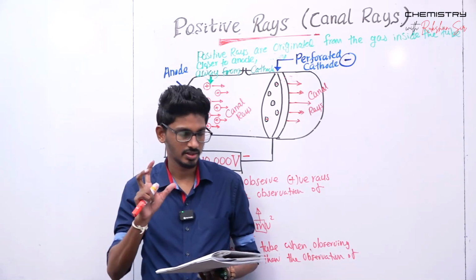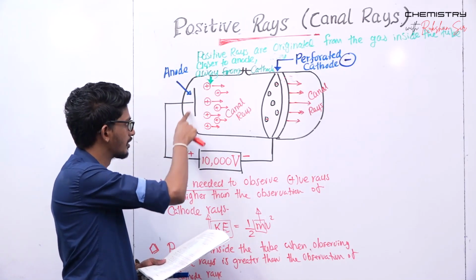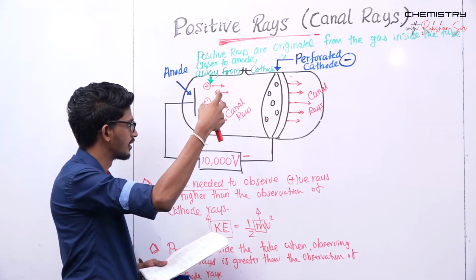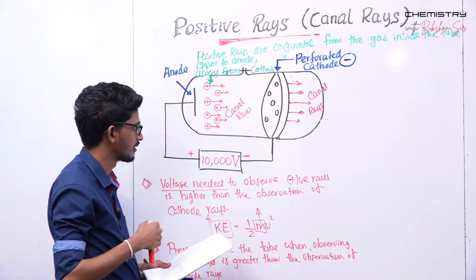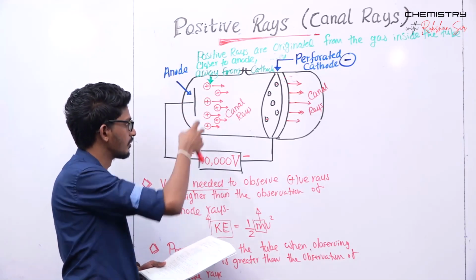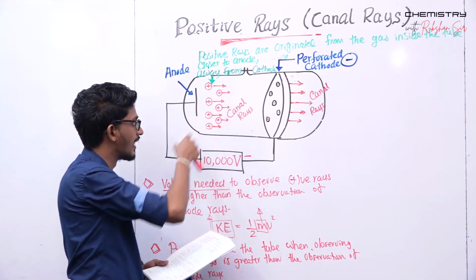So remember that cathode rays and positive rays are not generated from the anode. It is not like the cathode ray situation, where the cathode rays were produced from the cathode. When it comes to the anode rays or the canal rays, they are not produced from the anode. They are produced from the gas in the tube.